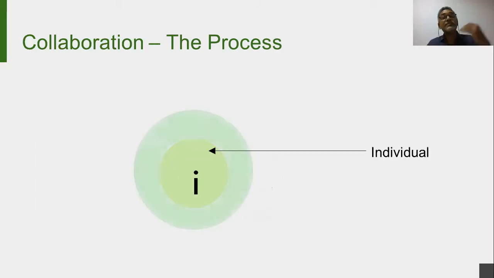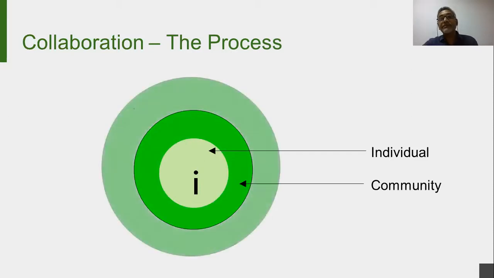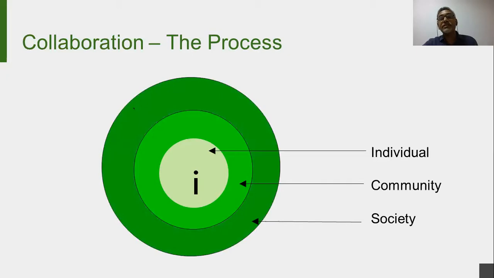So it all started probably from an individual or certain individuals, and then it influences the community, the community gets involved, then the society at large. So this is the ripple effect that we want to see, and I think we will stop here. This is where you and I, each one of us, can make a difference.